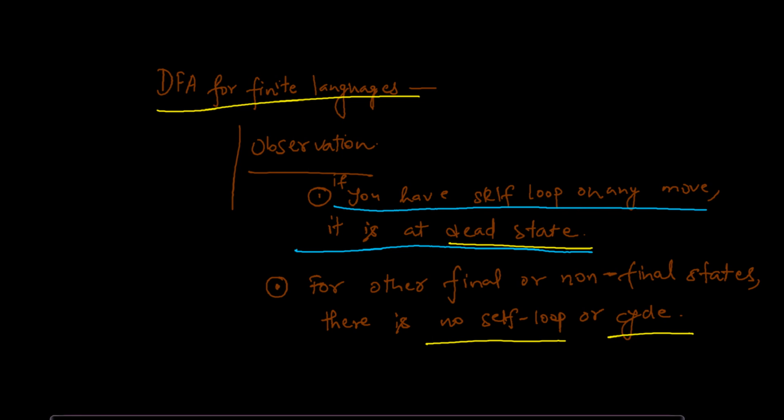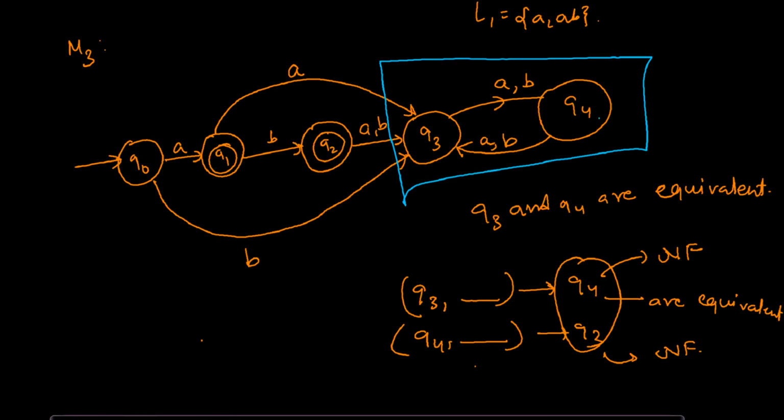Because say Q3 is not a dead state, because you are not stuck in Q3. Q4 is not a dead state, and it is still a DFA for a finite language. This is a DFA for a finite language, and you are having a loop.